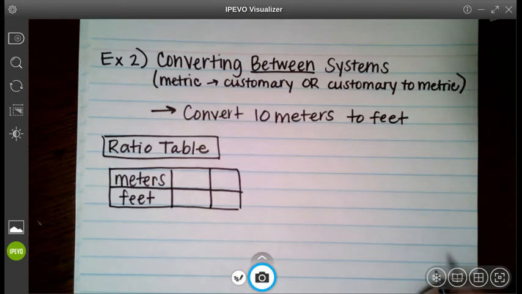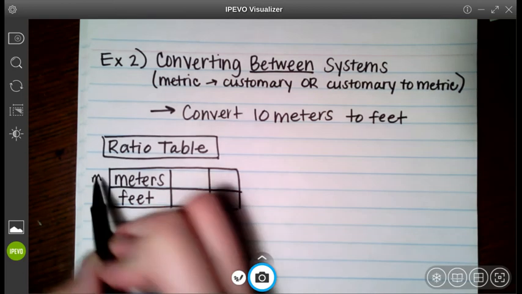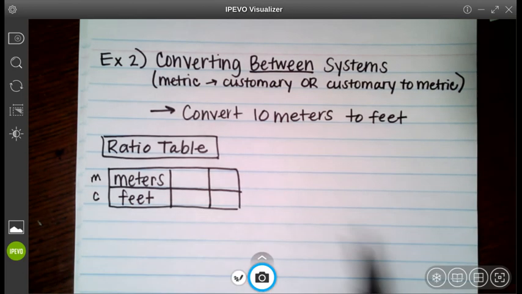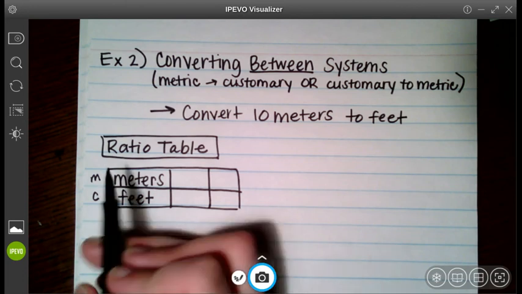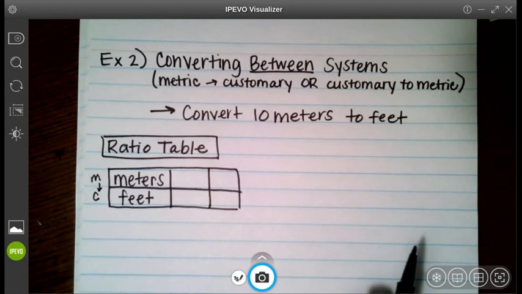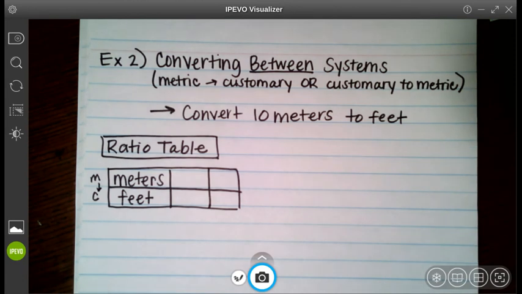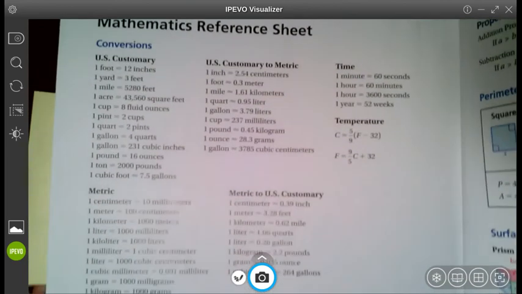I do like to give myself a little note on the side that meters is metric and feet is customary. So that means I'm looking for a conversion from metric to customary. Meters to feet, metric to customary. So I look on my reference sheet.